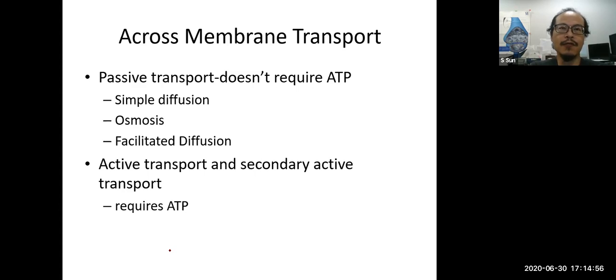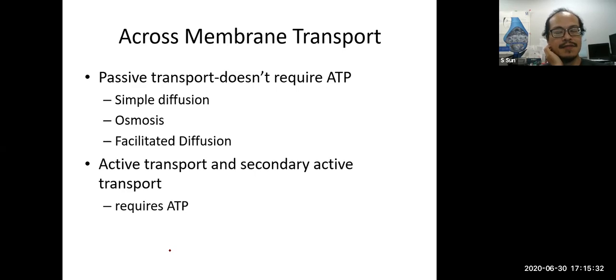And for those that cannot freely move across a cell membrane, we need to open a channel for them or use a carrier. And this is called facilitated diffusion. It is also diffusion, also passive transport, but it requires a channel to let them go through.